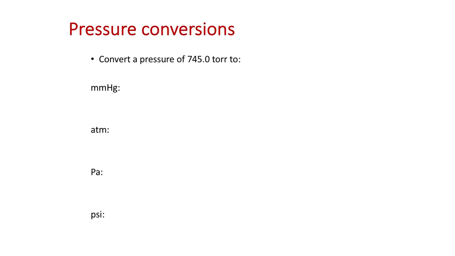So let's convert that pressure of 745.0 torr into some other units. Obviously to millimeters of mercury, that's the really easy one. They're the same unit, so this would just be 745.0 millimeters of mercury.